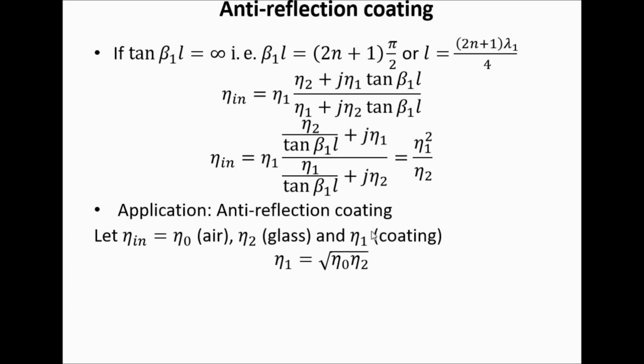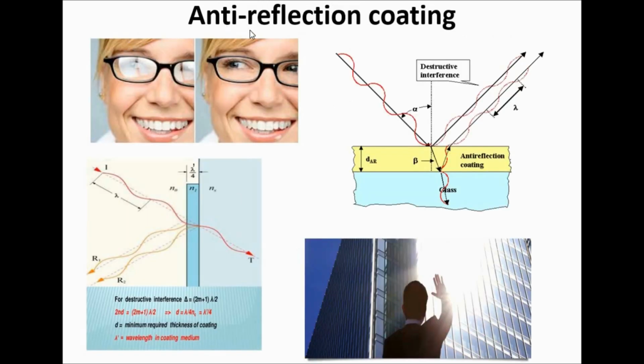Now you can use a coating. The coating impedance will be somewhere in between these two. You can use this formula to find the impedance of the coating material. So this is the application for anti-reflection coating.